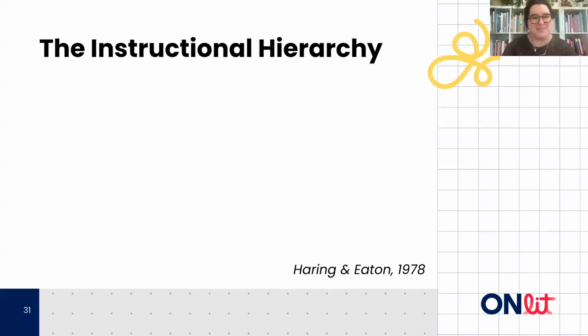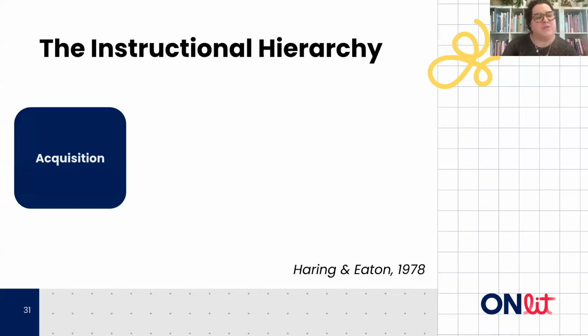I'm most often focused on academic learning, but I think it's probably a safe bet to think that this would be applicable if you're learning to play the violin or the piano, if you're learning a new skill when you're playing basketball. So the first stage in this instructional hierarchy is acquisition, right? Thinking about when we're learning a new skill, we need to build accuracy and we need to be able to do that skill. And the acquisition phase in the instructional hierarchy is really characterized by effortful, inaccurate performance, right?